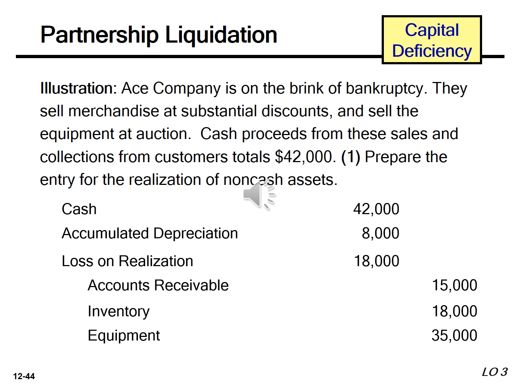We have accounts receivable, $15,000, inventory, $18,000, and equipment, $35,000. So we figure out the total of the credit side, and then we subtract the cash and accumulated depreciation accounts on the debit side, and this is how we come up to the $18,000 that we record under loss on realization.